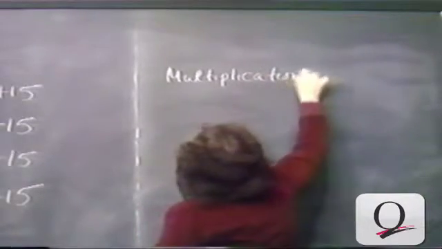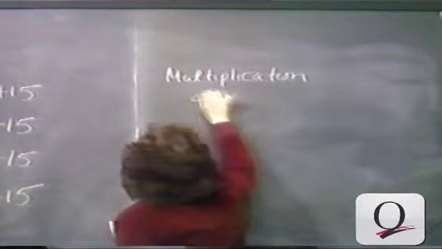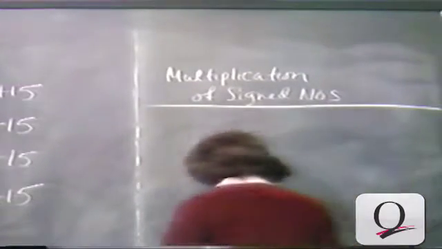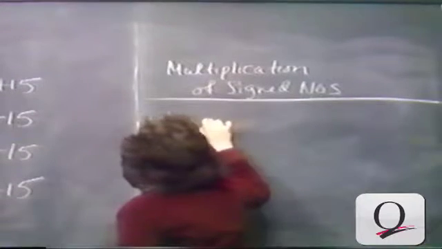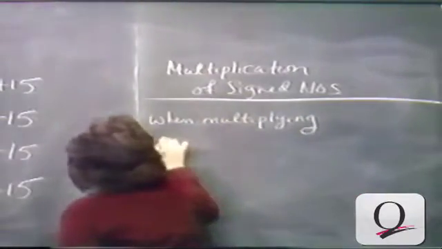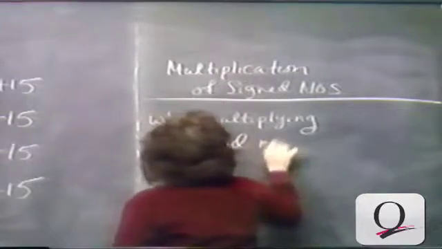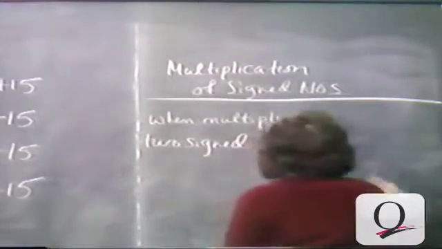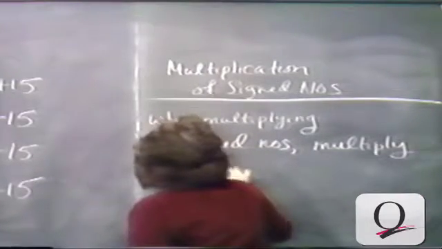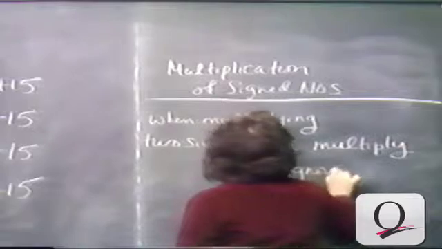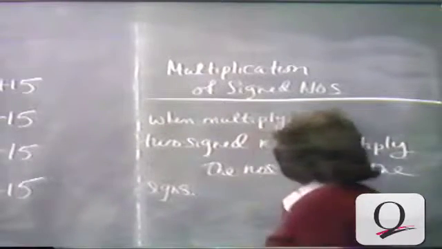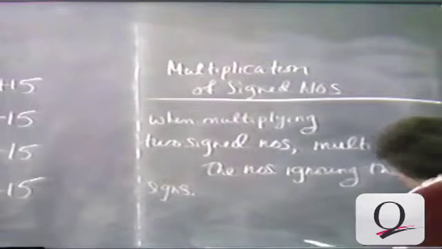Multiplication of signed numbers. When multiplying two signed numbers, multiply the numbers ignoring the signs.